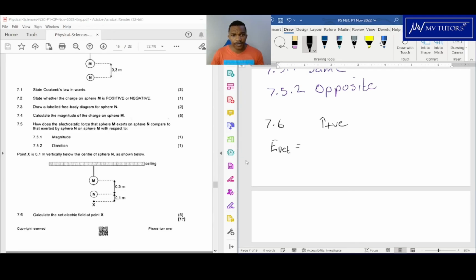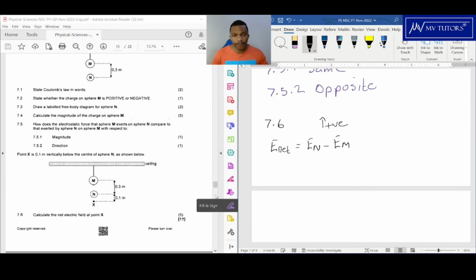We're going to take the electric field of N because it's positive, and then we're going to subtract that of M because it's negative. While N is moving upwards, M is moving downwards in a negative direction. That's how we're going to get that.